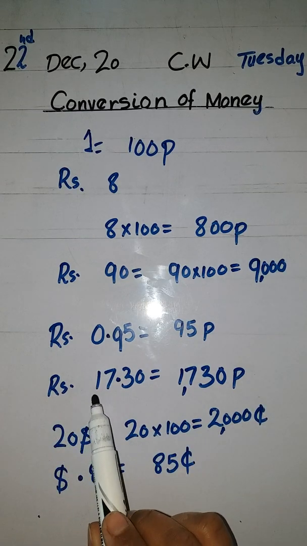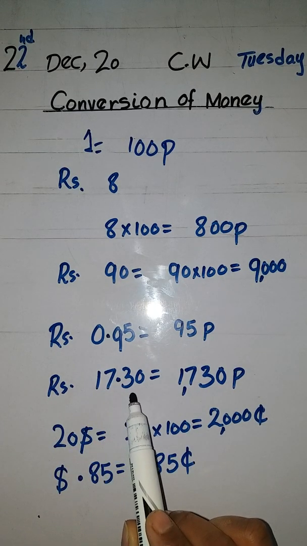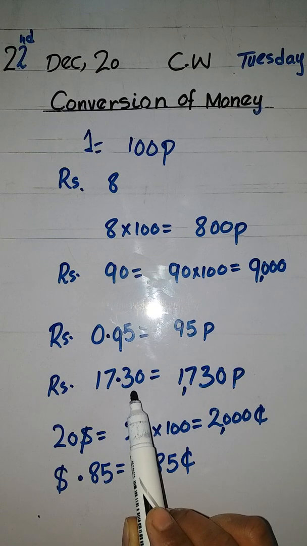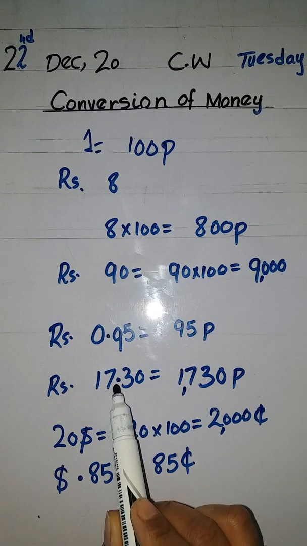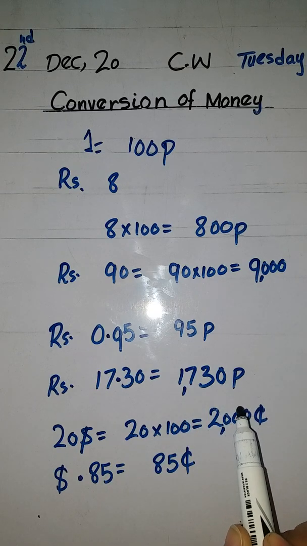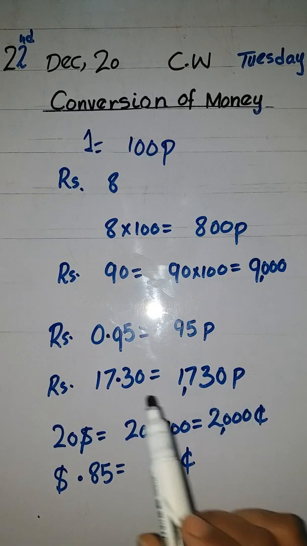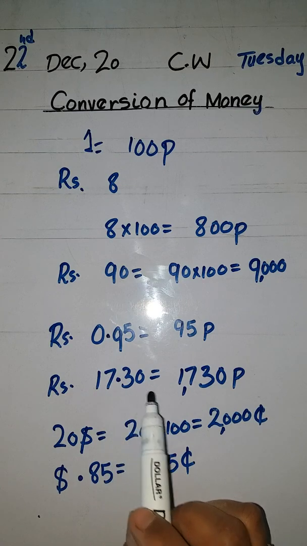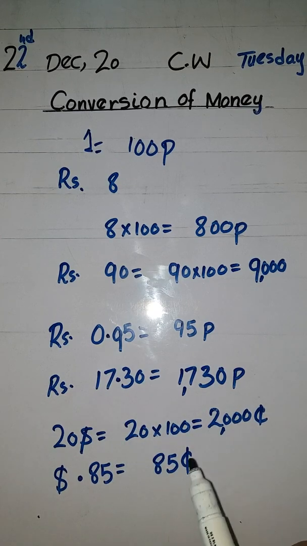Next, 17.30. Again, remove the point and put the P, paisas, the easiest way. If you multiply 17.30 with 100, you will get the answer.